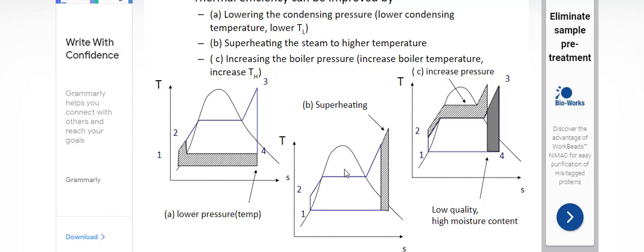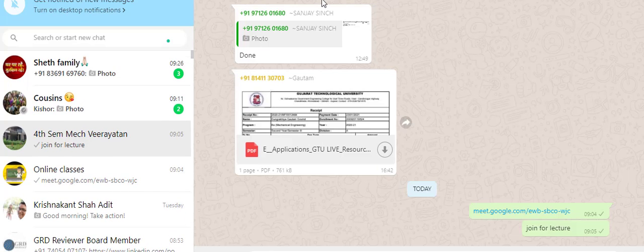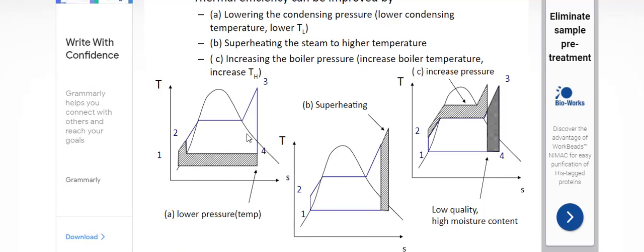If I can lower the condenser pressure, see here it is lower pressure and temperature. If I can reduce the pressure at point number 4, then also efficiency can be improved.